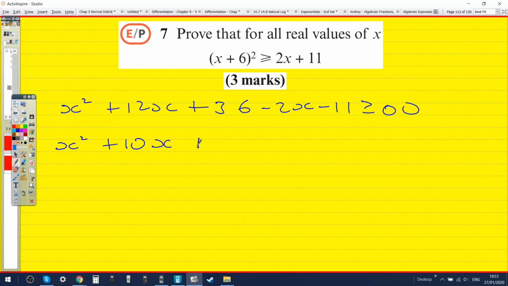And then when I put it into the inequality calculator, it just comes out with all real numbers. So we know that's true because they told us it. We're trying to prove it.